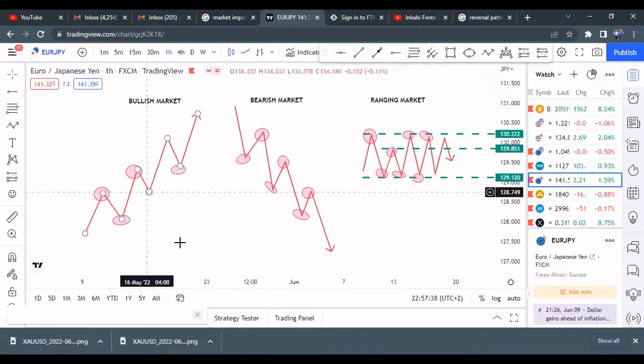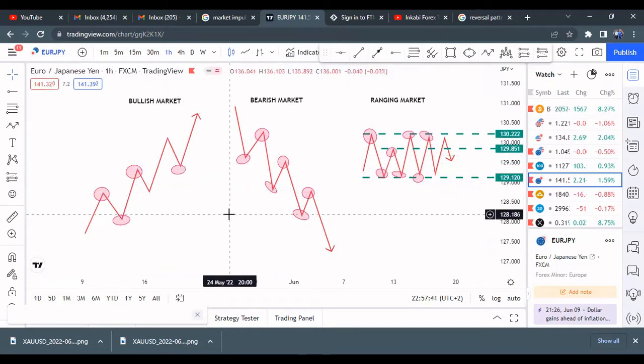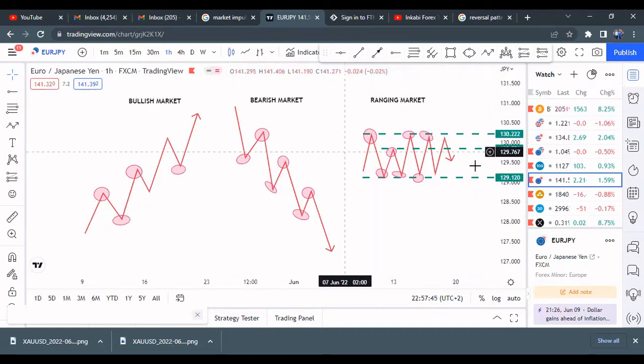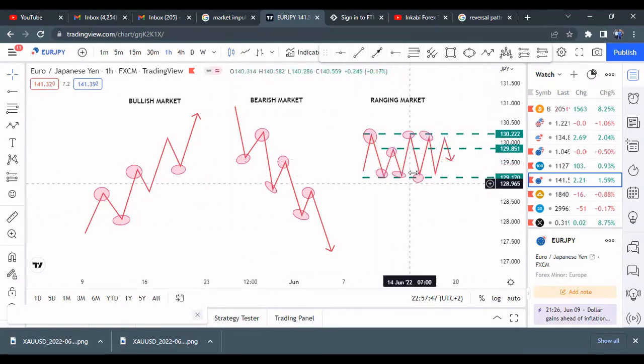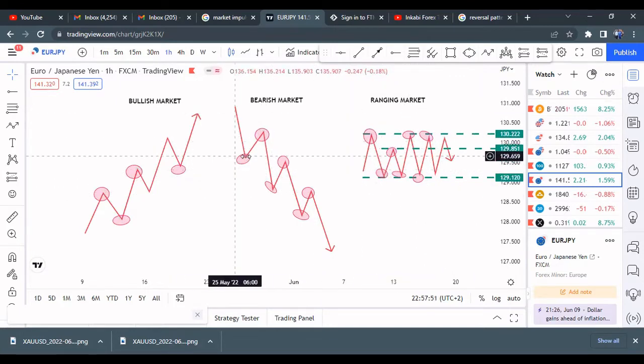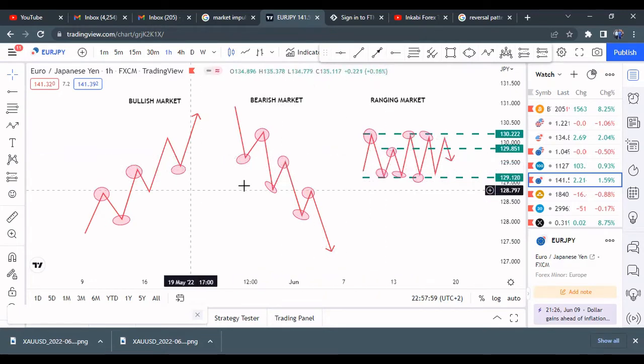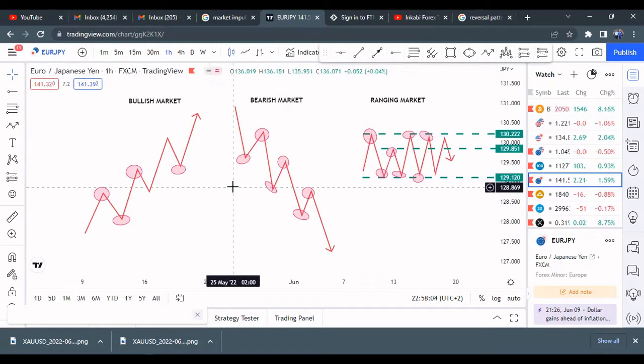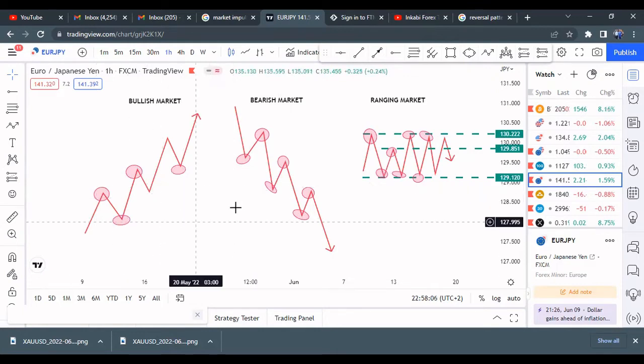That's why it's important to know this, because then you'll know how to react when something happens. Look, in the case of a ranging market it would be hard to trade, but with these ones it's easy to trade, because you look at the market and say okay, it's going this way, so this is what I'm going to do, because the trend is clear whether it's going up or down, right? Yeah, so that's the thing.